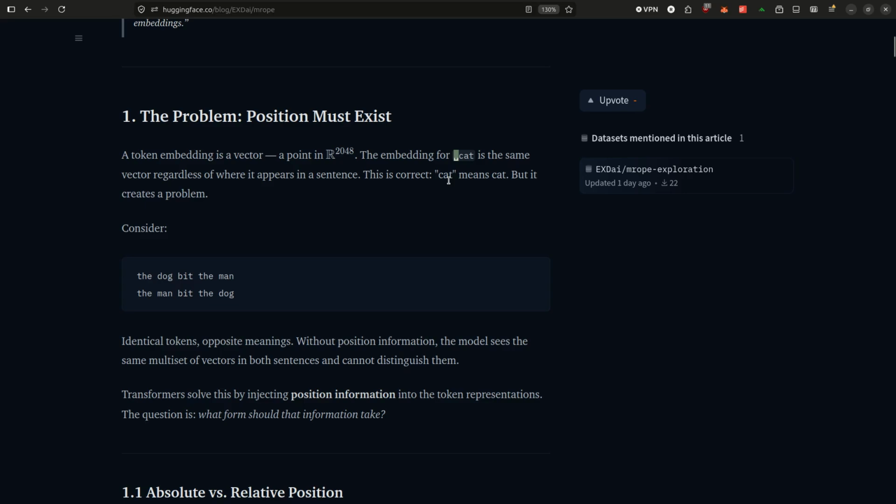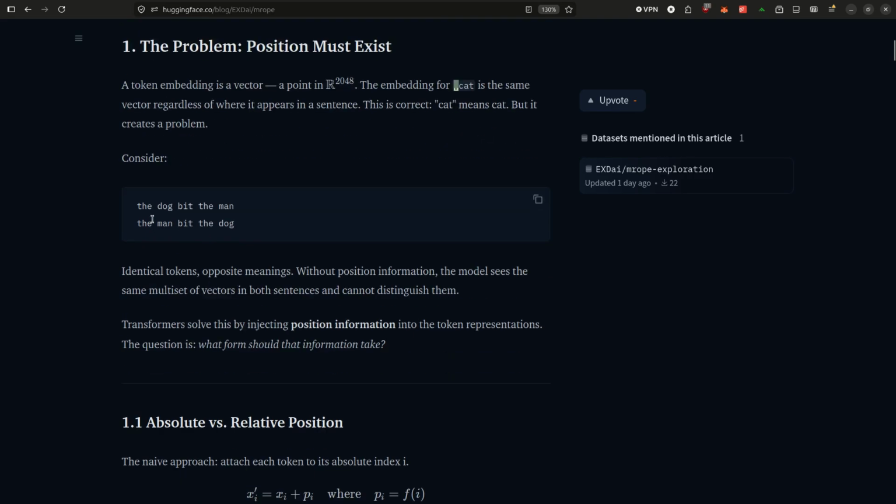You want the representation of cat to always mean cat, but it creates a problem. If you look at the sentences "the dog bit the man" and "the man bit the dog", all the vectors individually are the same, but their position completely changes the meaning. Just because dog appears here and man appears here, one becomes the biter and the other the bitee. So position matters as well.